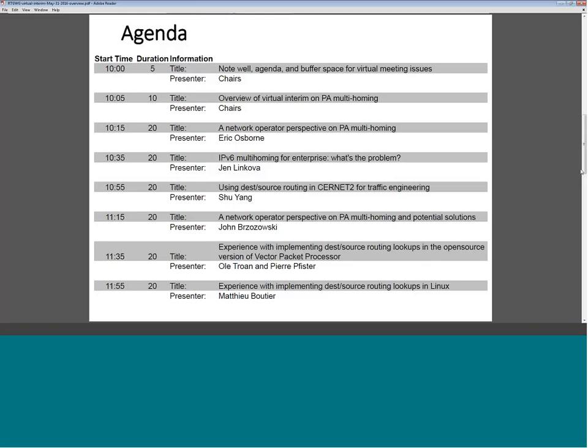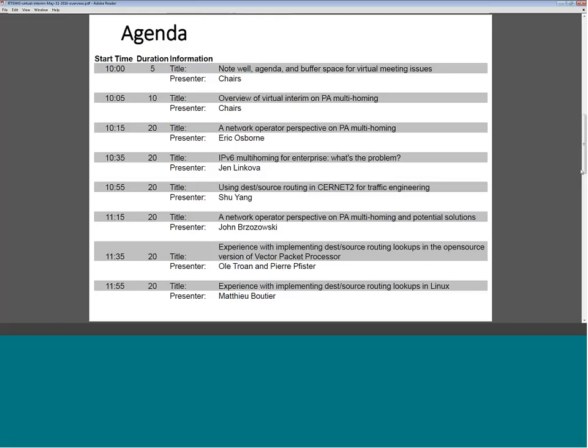We also have presentations from Eric Osborne, Jen Linkova, and John Brzozowski. We also have a presentation from Shu Yang, who is going to be talking about another application of DEST source routing. It's not really related to PA multi-homing, but it's using DEST source routing, which is a potential solution for the PA multi-homing problem. It's a different application, which is service provider network traffic engineering.